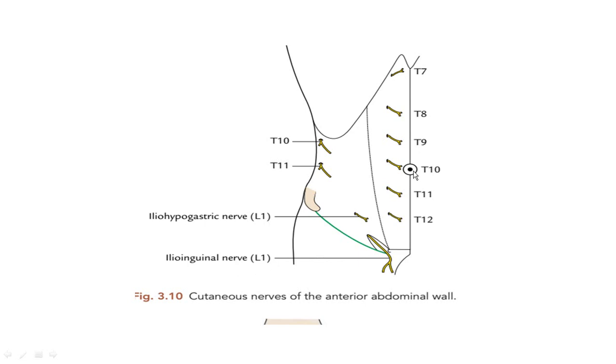The skin around the umbilicus is supplied by the 10th spinal segment.